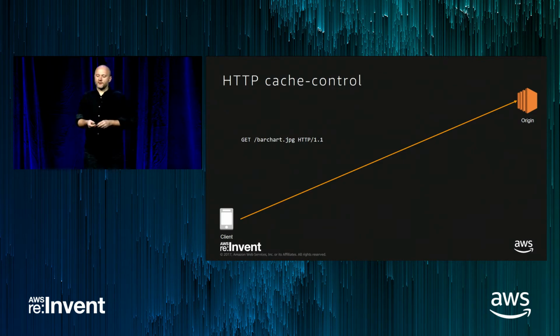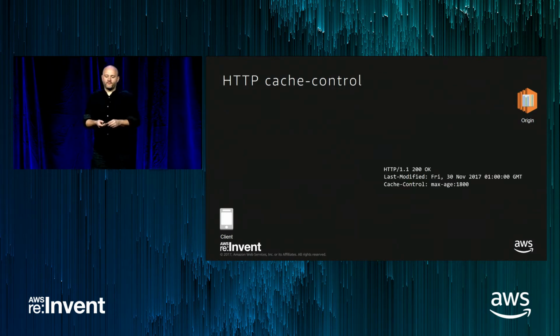So it's issued that request. Now the origin is going to return the object, and with that object it's going to specify a few extra headers. Last modified is fairly obvious. It's a date and time, basically the last time that object was modified. But the key one I want to talk about is cache control. Cache control is a header that is sent from the origin to the client to provide information about how it can cache that object and when it would need to validate that cached object in the future.